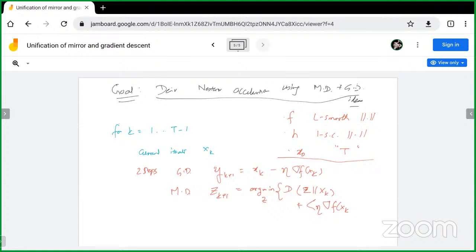The way this is labeled is, we first find an xk plus 1, which is a linear combination of my two previous iterates, the gradient iterate and the mirror iterate.